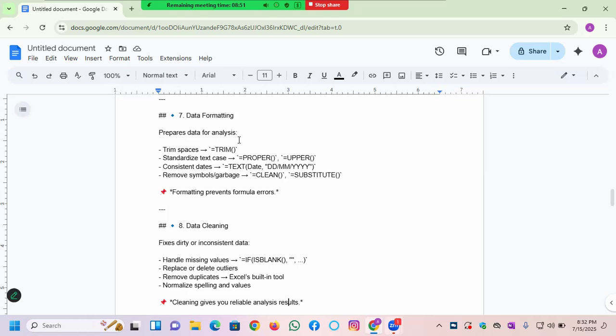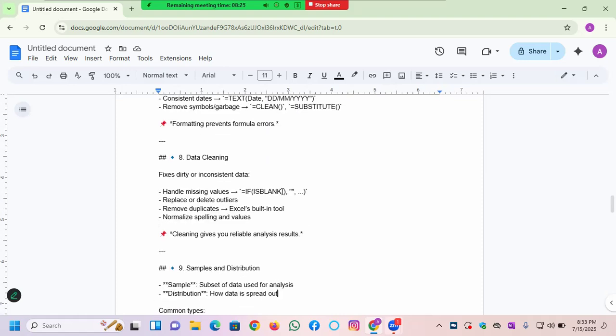We have to trim it using this keyword. We have to standardize text case. Then consistent dates: the data must have consistent dates. The removal of symbols and garbage. We have to clean, we have to substitute. So formatting prevents formula errors. Those things are important also in data analysis. Now, what is data cleaning?